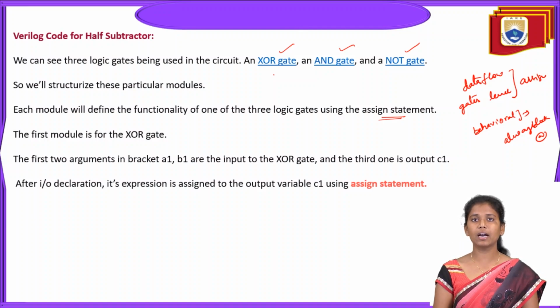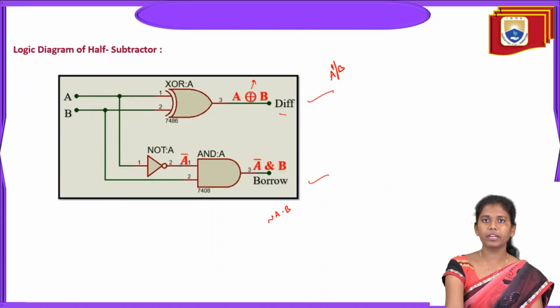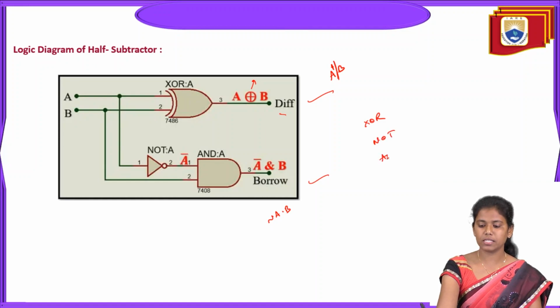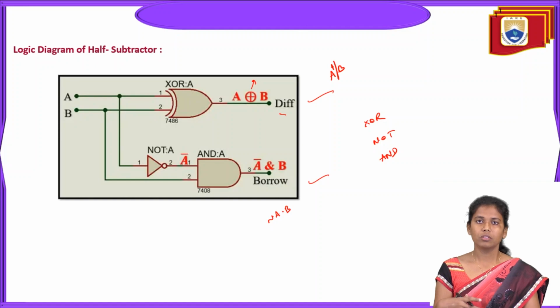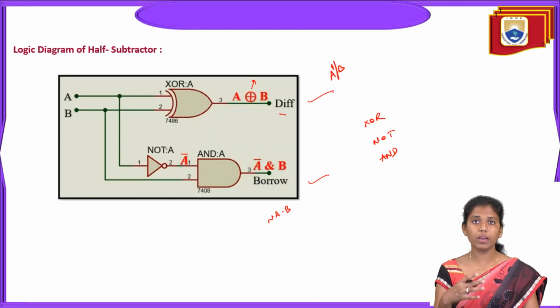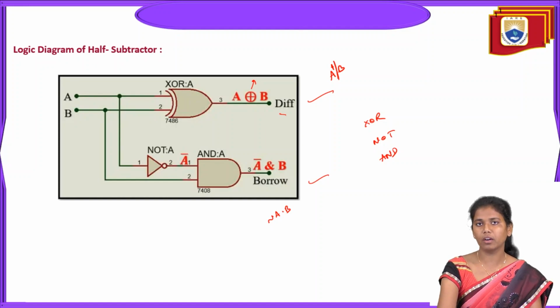In this structure we have three different gates: the XOR gate, the NOT gate and the AND gate. So for the half subtractor, we first segregate our code as per the gates mentioned here. That means what?